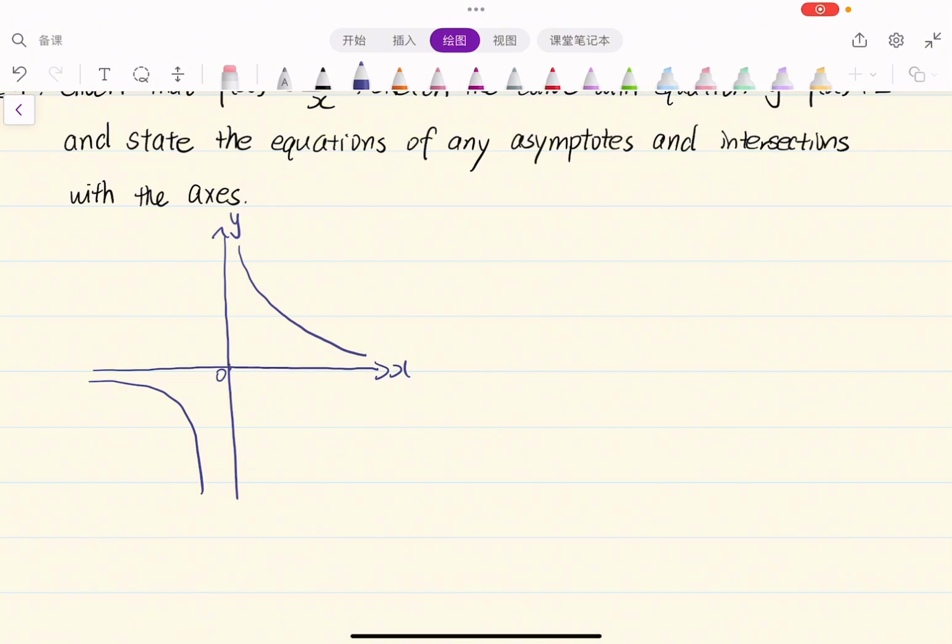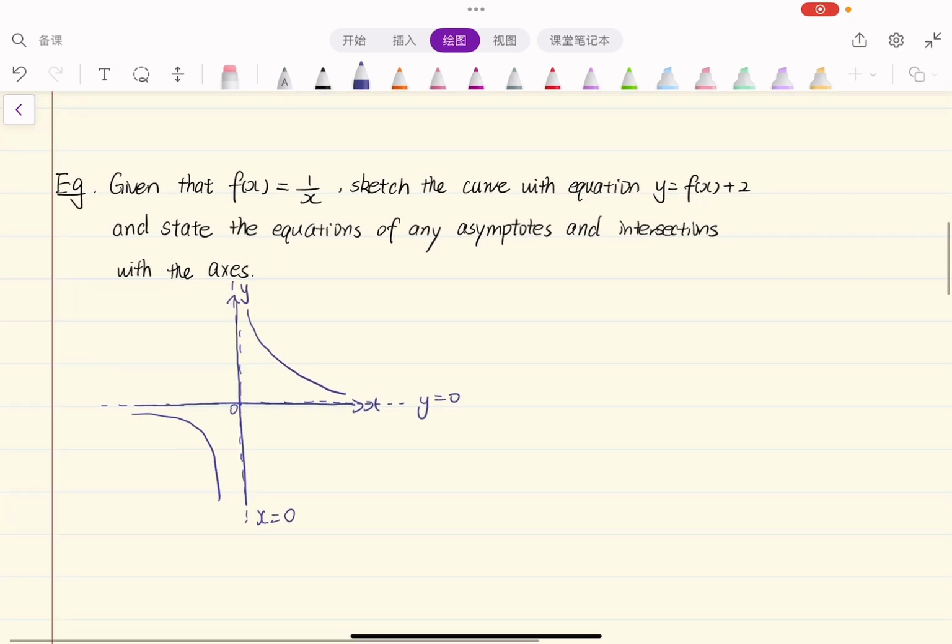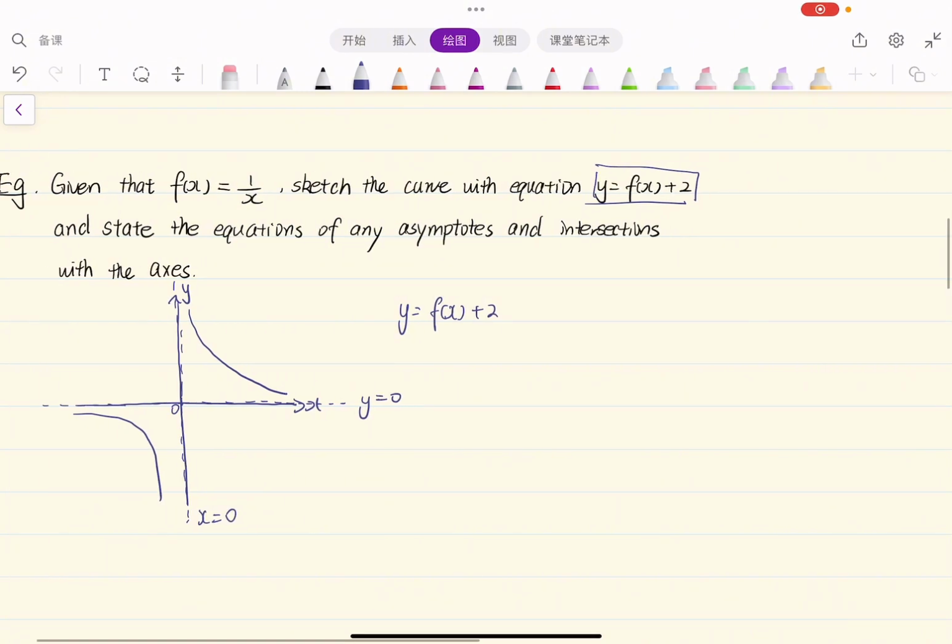You need to lay out the asymptotes, so the asymptote y equals 0 and asymptote x equals 0. Now the question asks you to draw the curve with equation y equals f(x) plus 2, which means you need to move 2 units vertically.